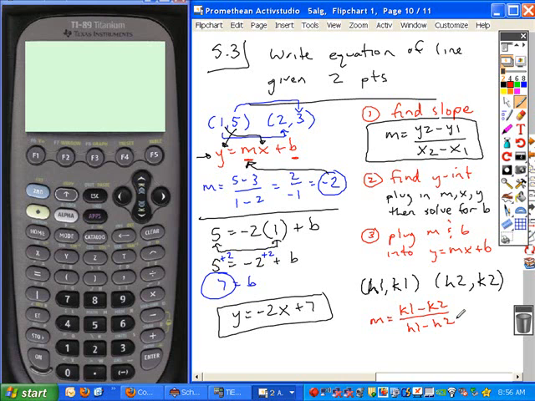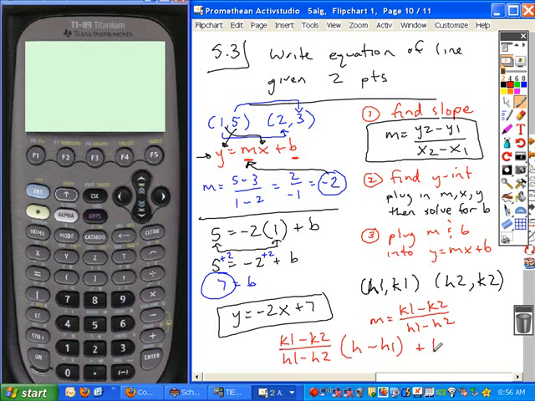All right, so the formula that we're going to program into our calculator is based on what's called the point slope form. We'll talk about that later, but the point slope form will take the slope, which is K1 minus K2, all over H1 minus H2, and you multiply this by some value, H. Again, the H's represent the X values.